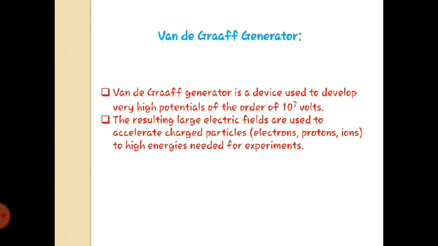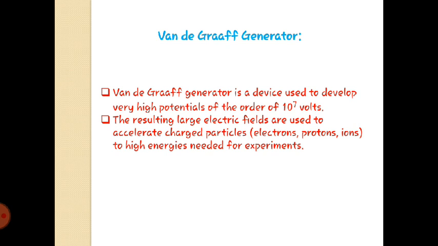What is the use of the Van de Graaff generator? It is used to provide a high potential of the order of 10 to the power 7 volts, and the resulting large electric field is used to accelerate charged particles like electrons, protons and ions to the high energies needed for experiments and in research labs.